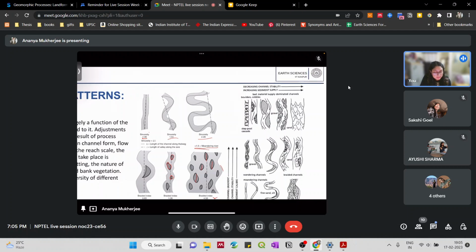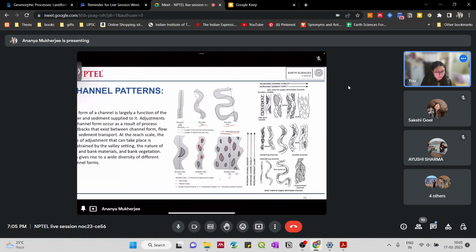Over here you can see that with decreasing channel stability and increasing sediment supply, you are going to have more braided channels. This is what you call bed material. Bed material is mostly the coarser sediments.